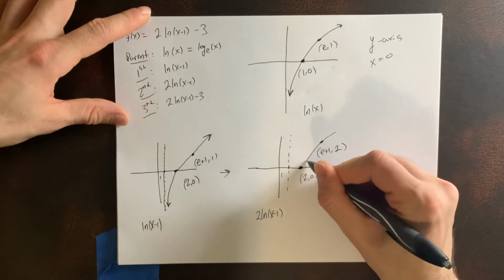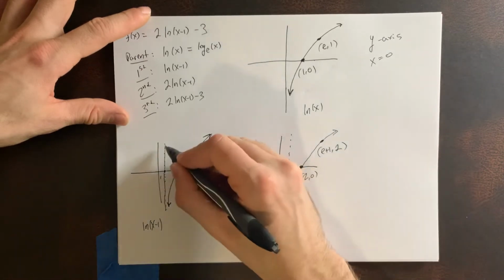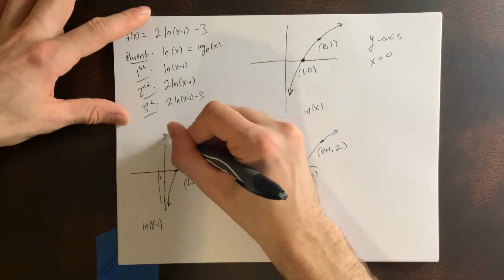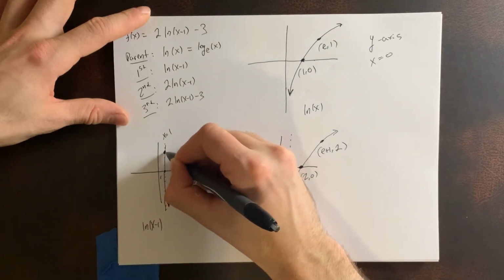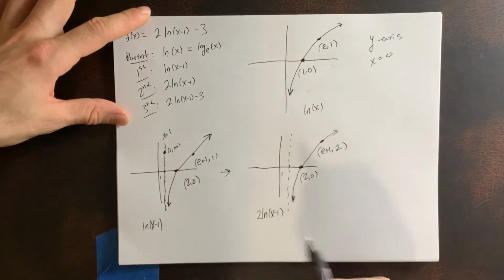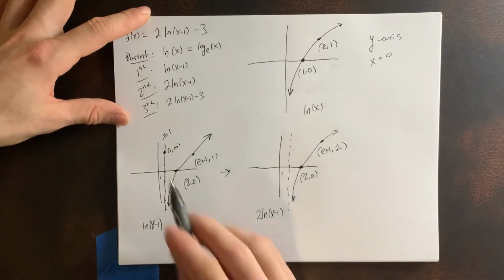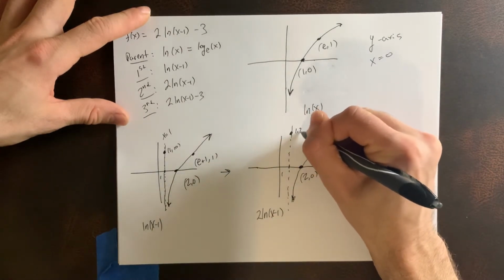So again, let's think about that. We have this line right here. This is the line x equals 1. And it doesn't matter, like, here's a point on here. We can call this point about 1 comma 10. If we were going to multiply that y value by 2, now it's going to be at the point 1 comma 20.